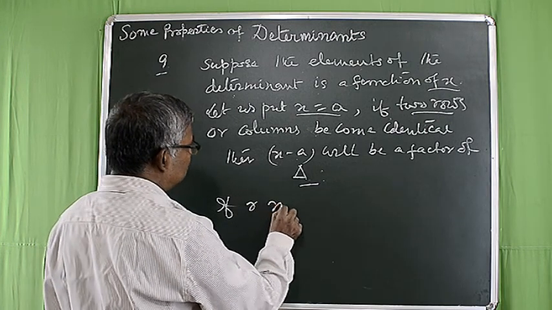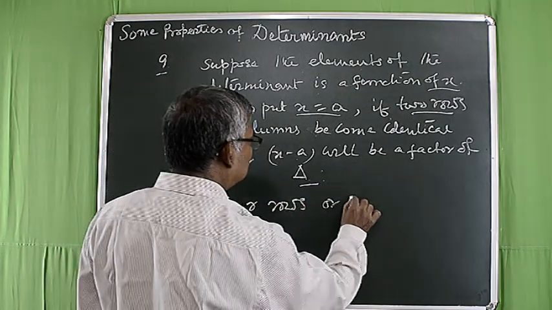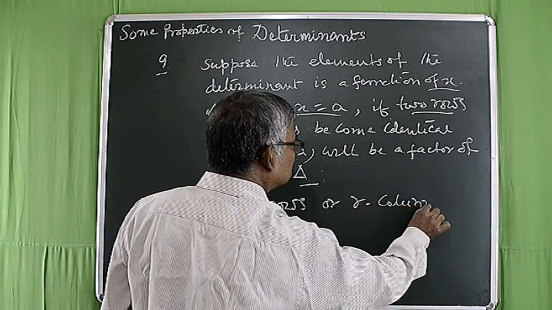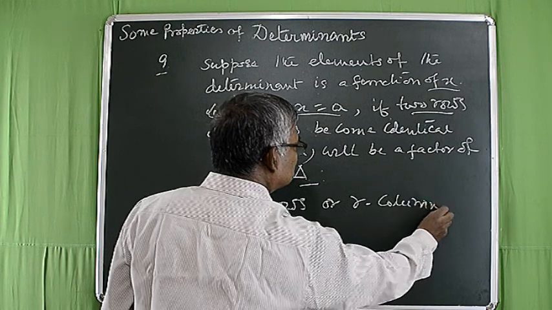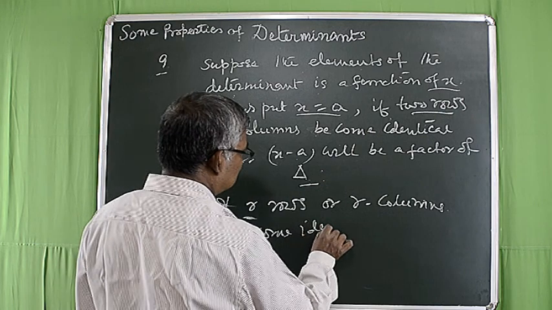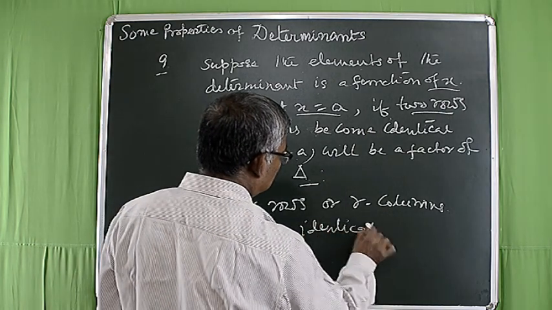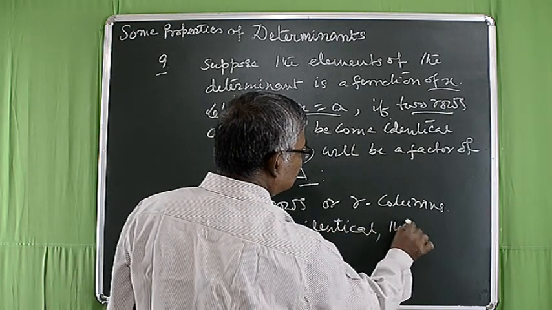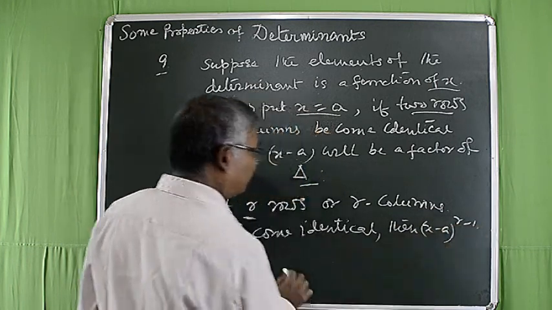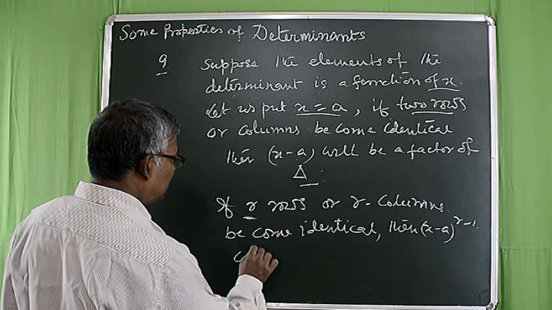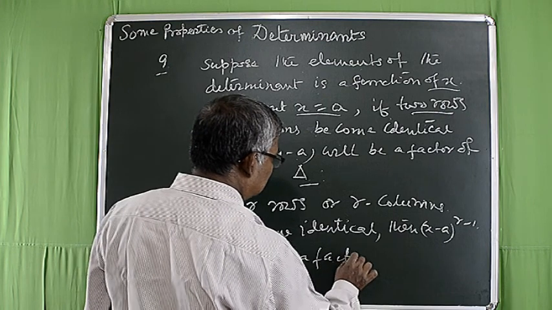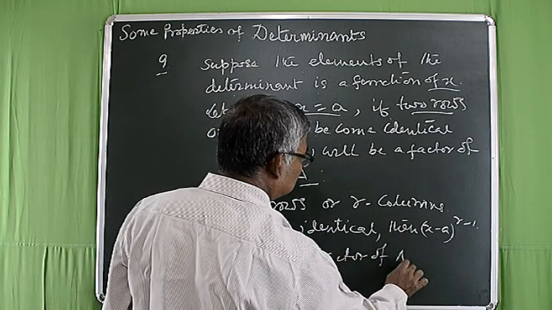Again, if r rows or r columns become identical, then x minus a whole to the power r minus 1 will be a factor of del.